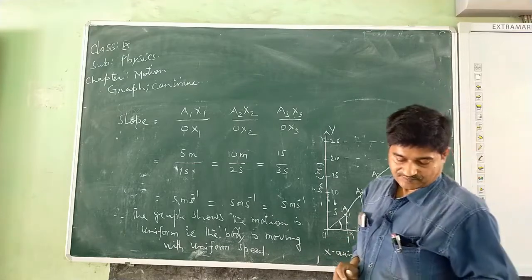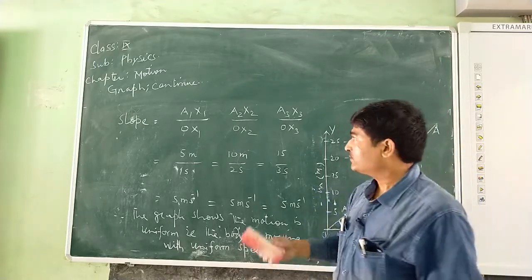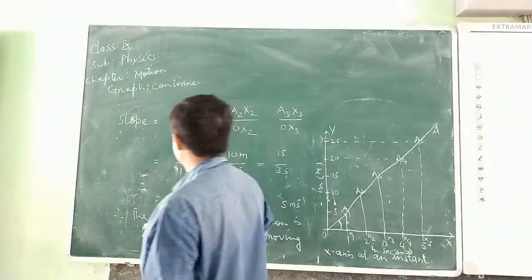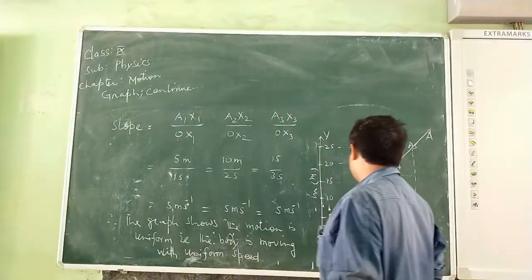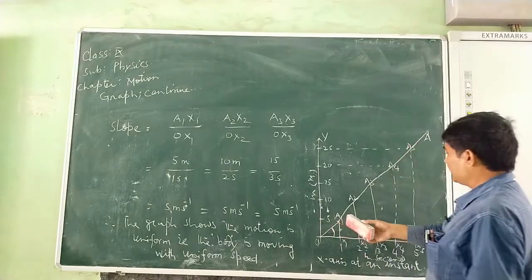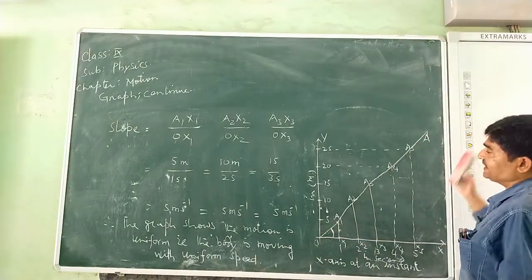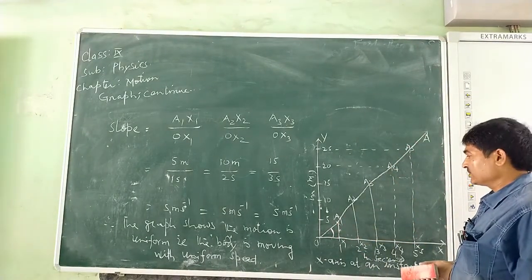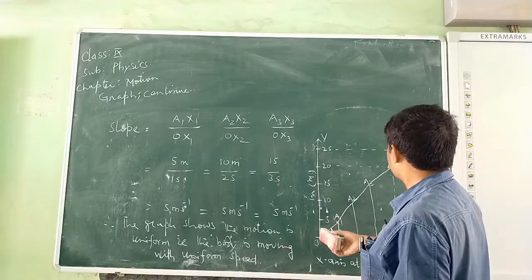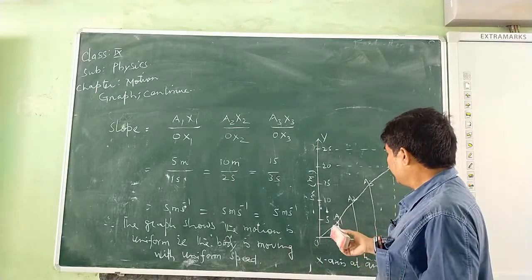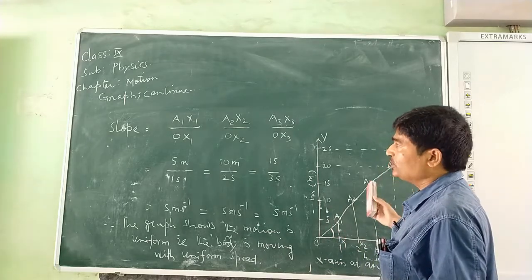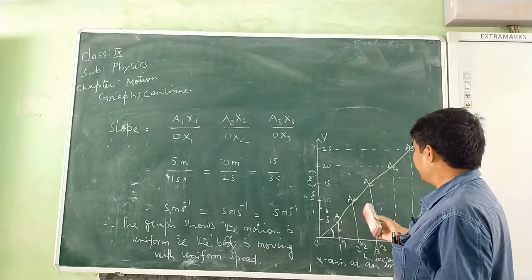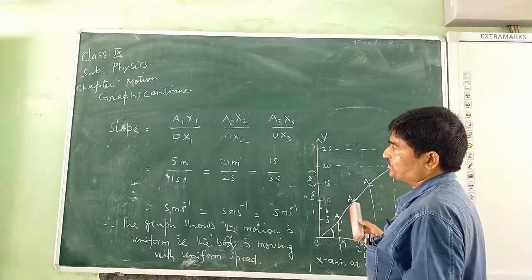Is it clear? Now, the graph of a body in non-uniform motion is a line which is not straight throughout, a breaking line.